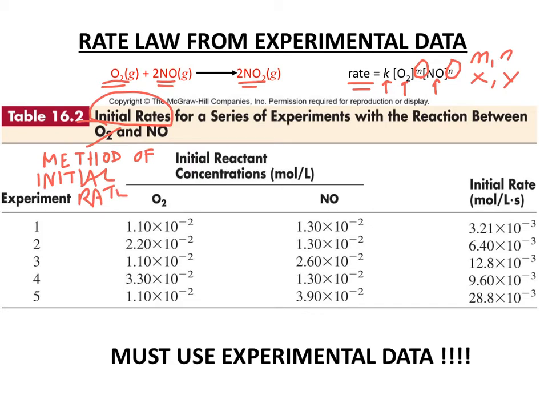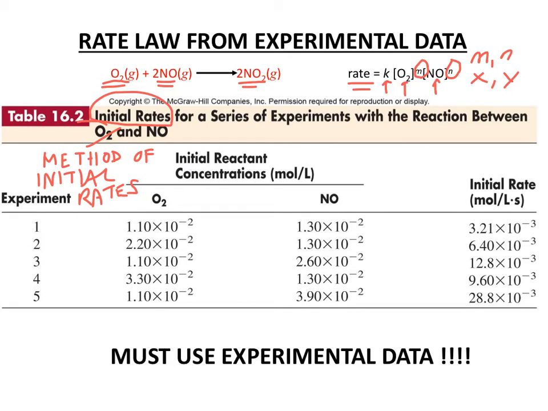And what the method of initial rates means is that we're going to analyze the concentrations of the reactants only in the very beginning of the reaction.